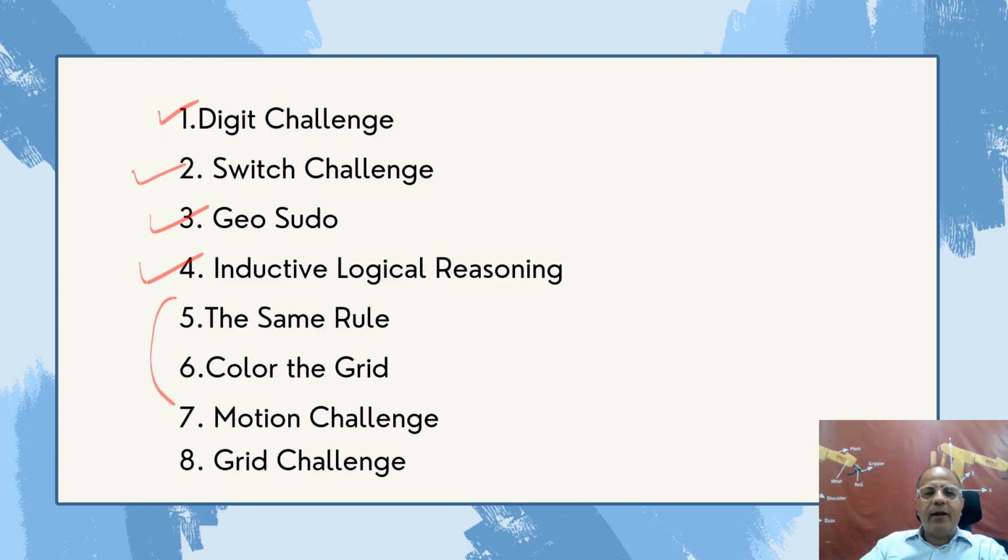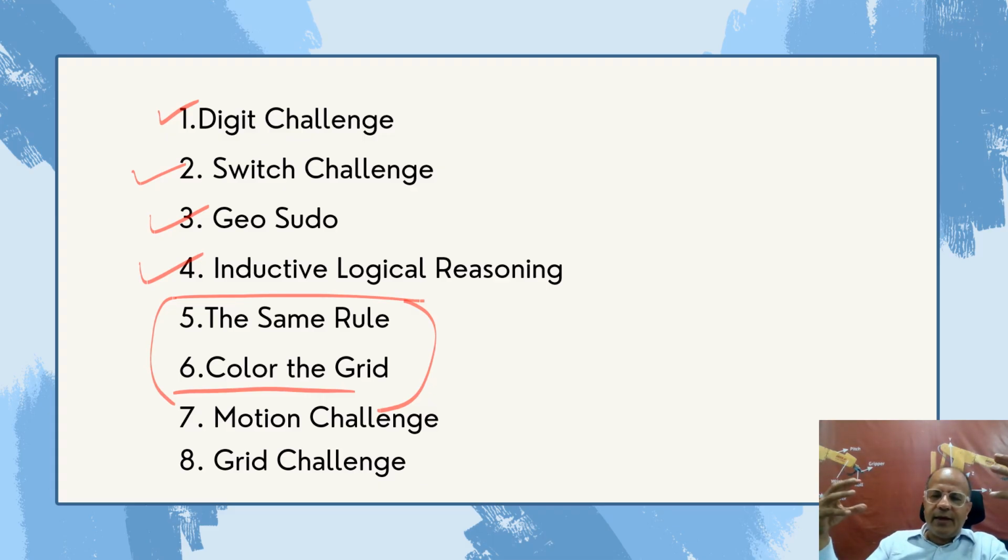Same rule and color the grid. These are, I would rate them, difficult questions, and they are based on pattern. Once I say pattern, students would say it's some kind of a series which is going to follow a pattern. No, it is not that kind of a thing.